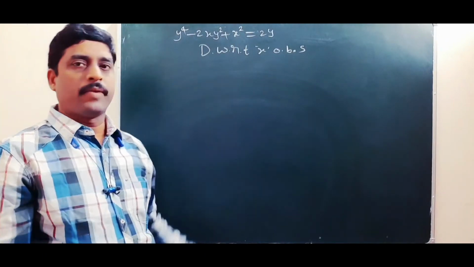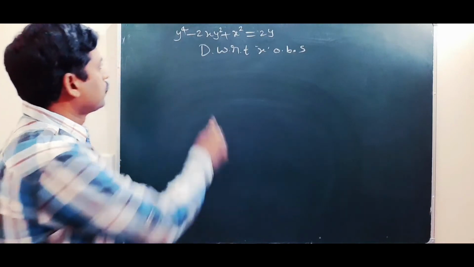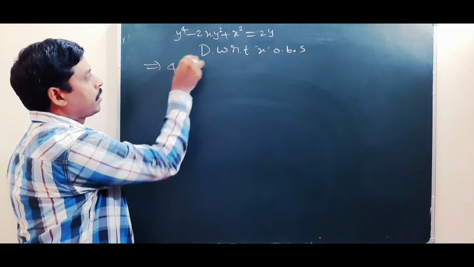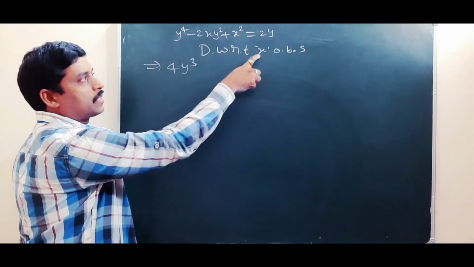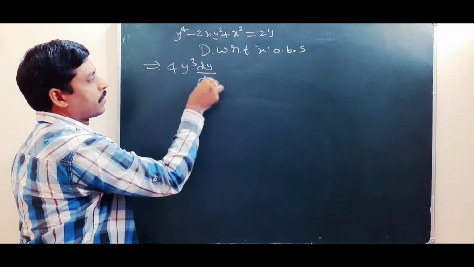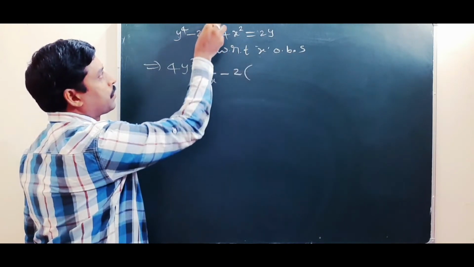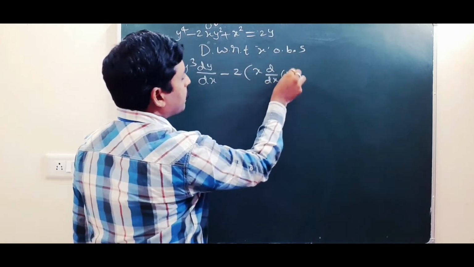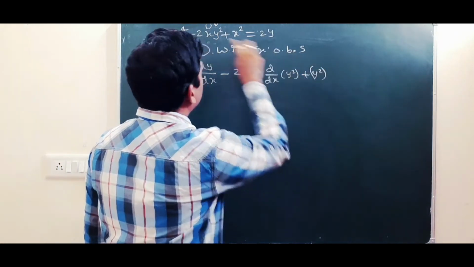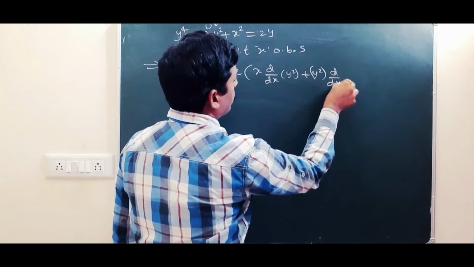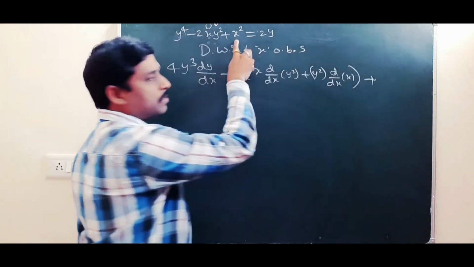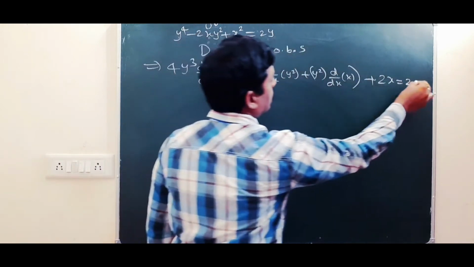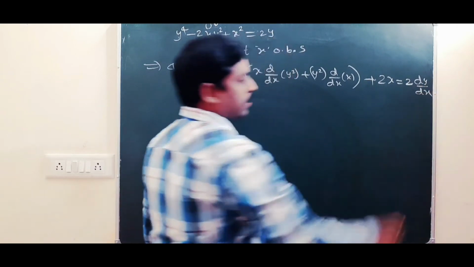Okay, now applying derivative on both sides with respect to x. Differentiation of y to the power 4, we get 4y cube into dy by dx. Minus 2 times, by using the UV formula, x y square: x into d by dx of y square plus y square into d by dx of x. Plus differentiation of x square, we have 2x, is equal to 2 times differentiation of y, we get dy by dx.